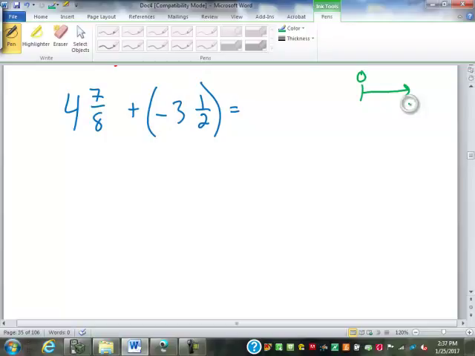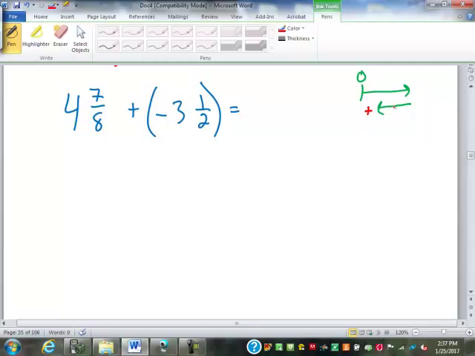Opposite. Longer or shorter? It is shorter. We can always just compare the whole numbers. 3 is smaller than 4, so it's going to be shorter. We're not trying to be to scale or anything here. We can ignore the fractions as long as the whole numbers are different. So here we definitely end up on the positive side.